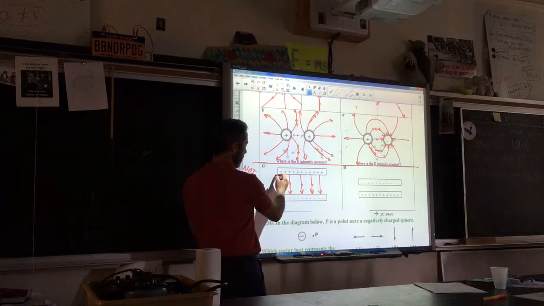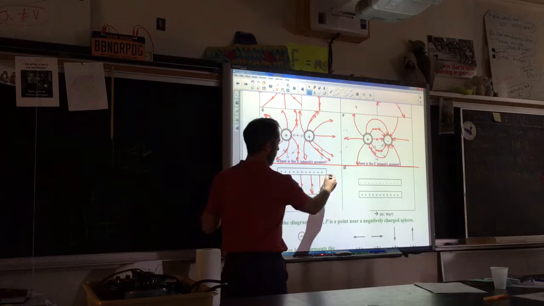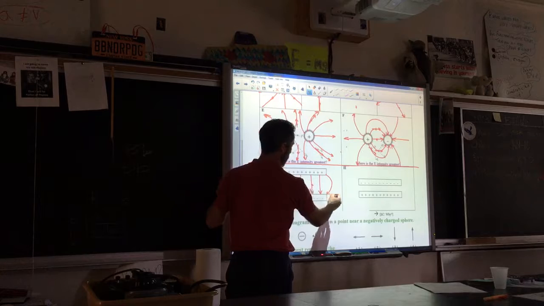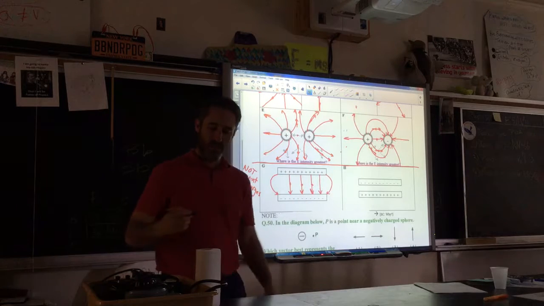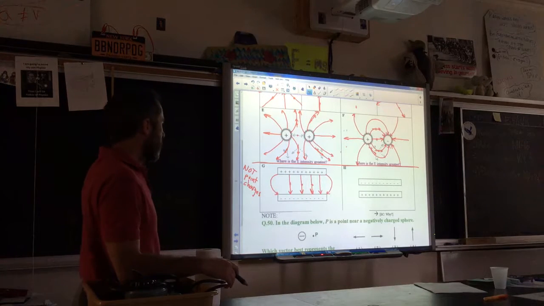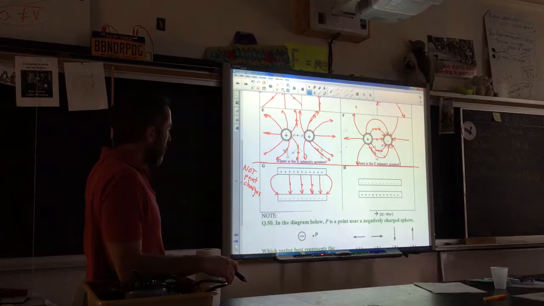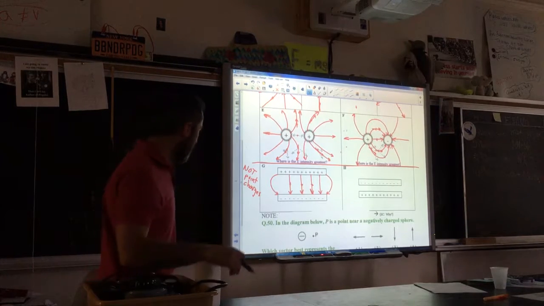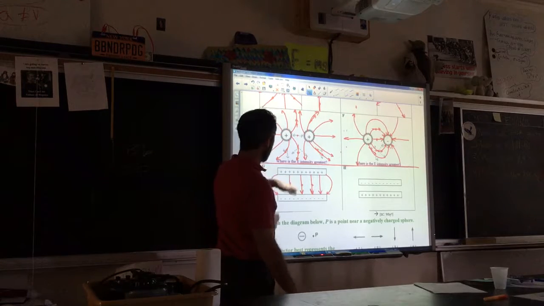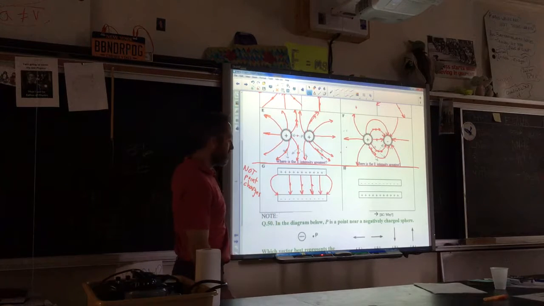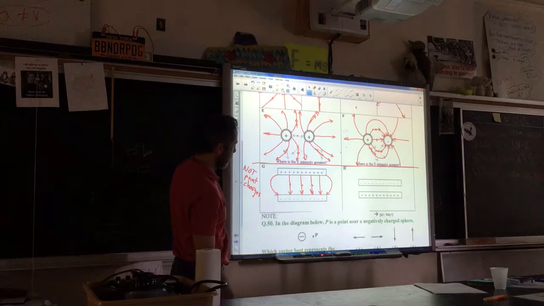So you'll actually get curved field lines around the edges. We call these fringe effects. Fringe, meaning the edge. You'll take physics, college physics, and I don't mean AP here, I mean when you're in college, and they'll teach you about these infinite parallel sheets, because they don't want to deal with these fringe effects.